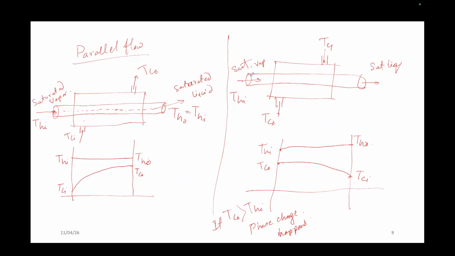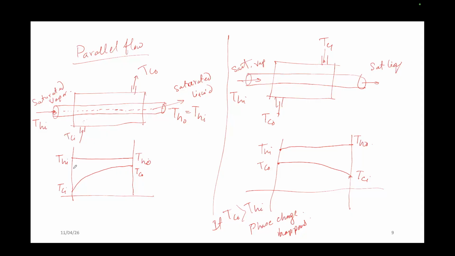And after that, in the parallel flow and the counter flow, we have discussed condensation and boiling, right? Say in the tube, saturated vapor is flowing, and in the shell side the cold liquid is flowing. Because it is a saturated vapor, when it comes in contact with the cold fluid it will change its phase from vapor to liquid, but the temperature remains the same until it is fully converted into liquid.